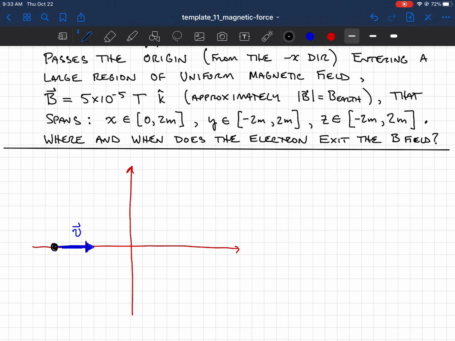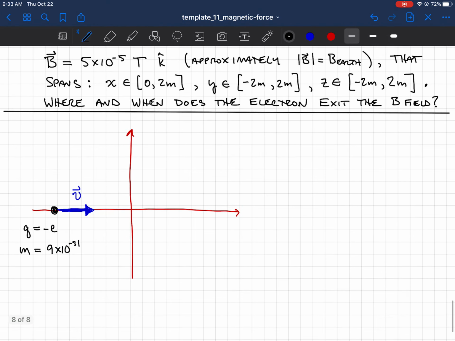So here's its v. It has a q, which is less than 0, a negative q, which is minus e, and it has a mass. The mass of an electron is 9 times 10 to the minus 31, is that right? Kilograms. E, remember, is 1.6 times 10 to the minus 19. We'll use those at some point.